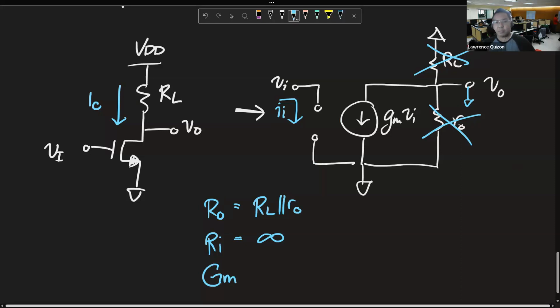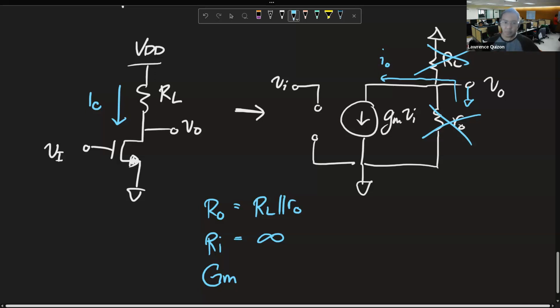Finally, GM. Same thing as before: V out is 0, and we measure the output current coming into the circuit.